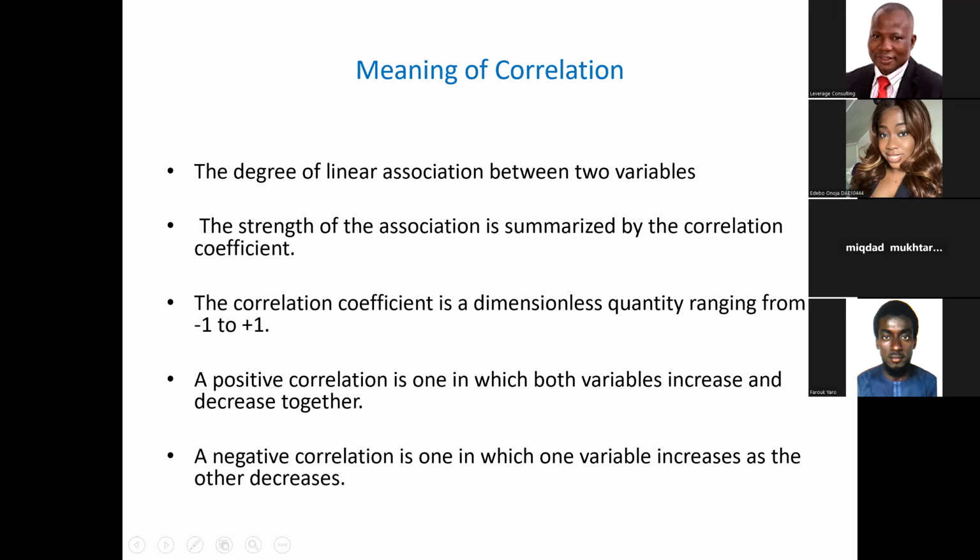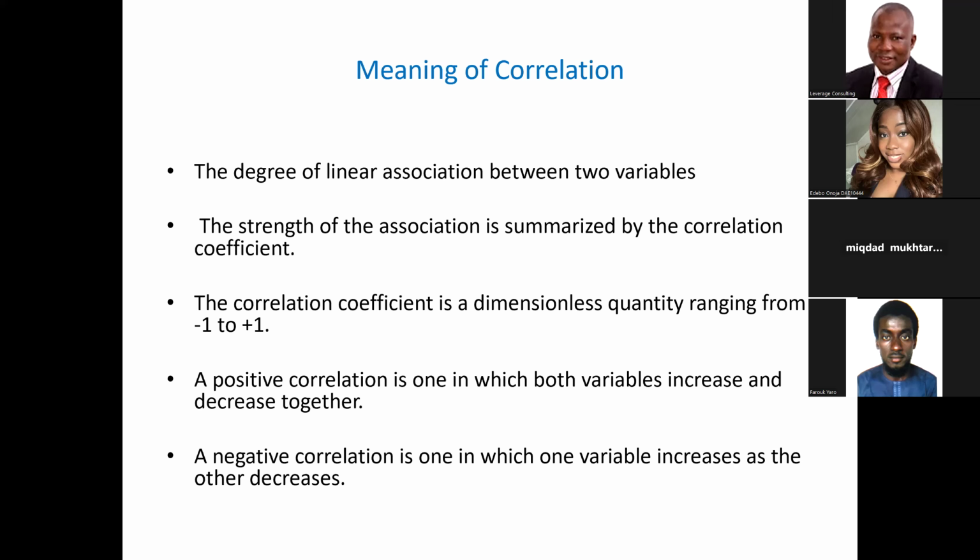So let's now come back. What I just did here is to tell you mathematically how the intelligent man discovered correlation. Now let's talk more about the meaning of correlation. It's the degree of linear association between two variables. The strength of the association is summarized by this correlation coefficient.